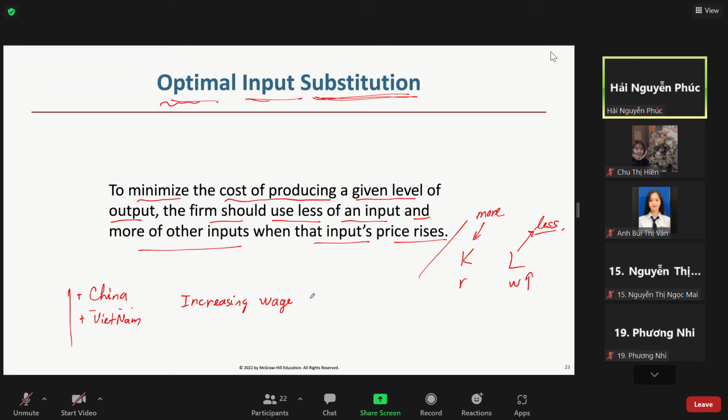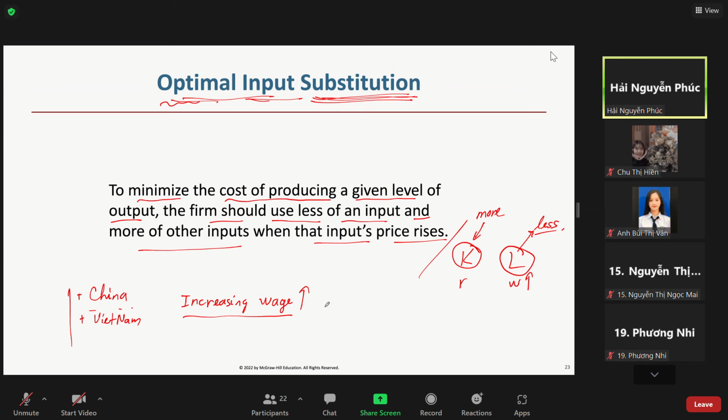Around the world, and especially in rapidly developing countries, they are facing the problem of increasing wages. And to solve this problem, the rule of optimal input substitution tells us that we should use more K and less labor input.